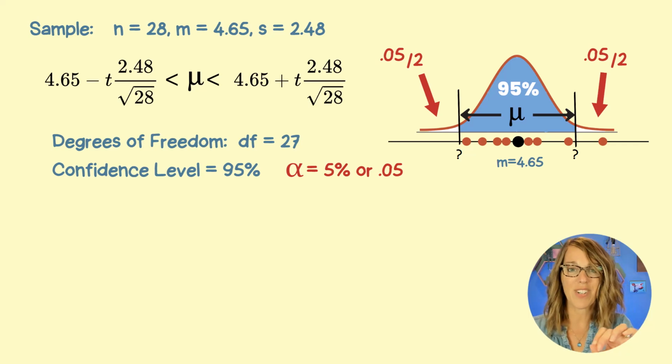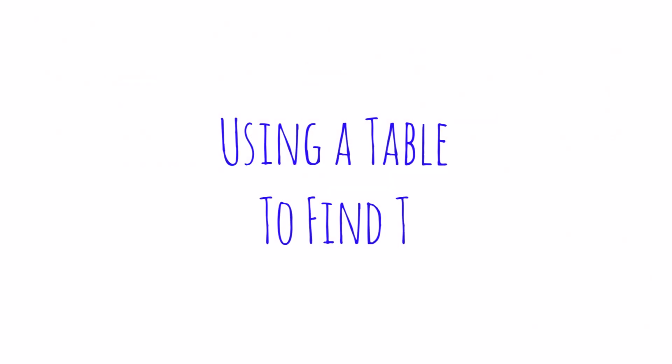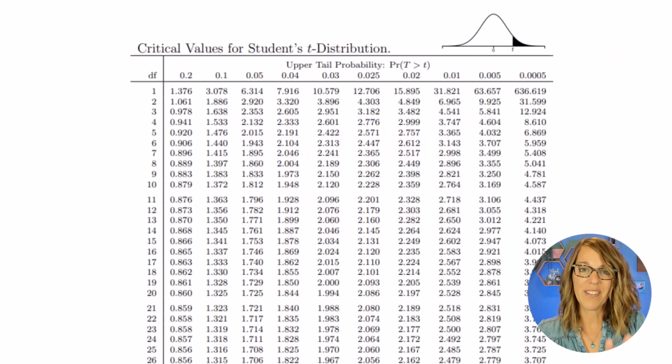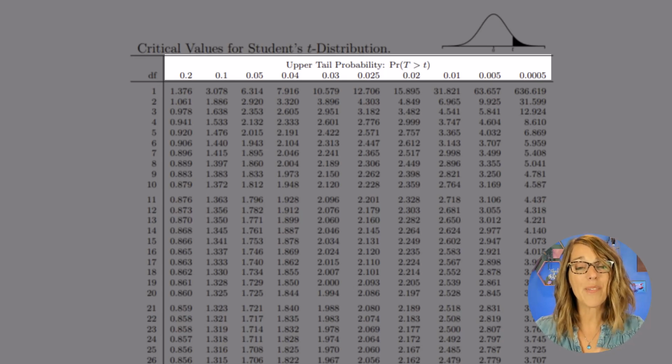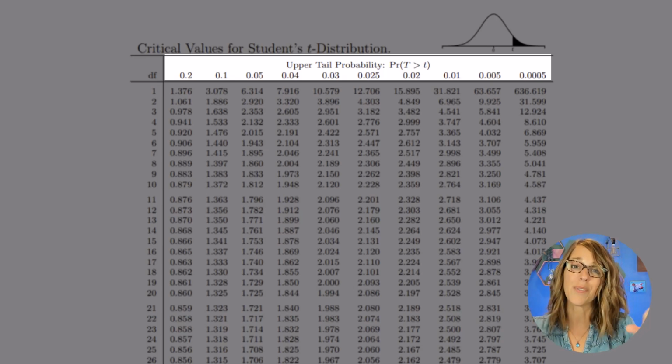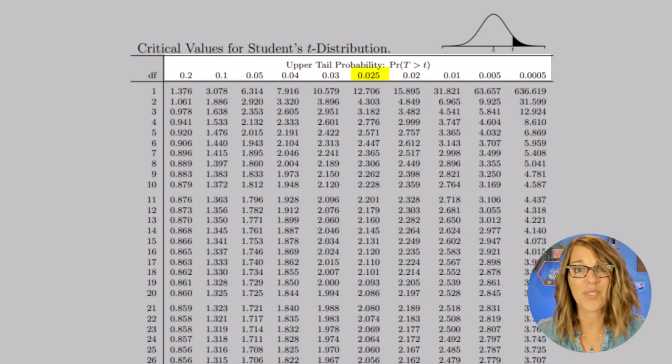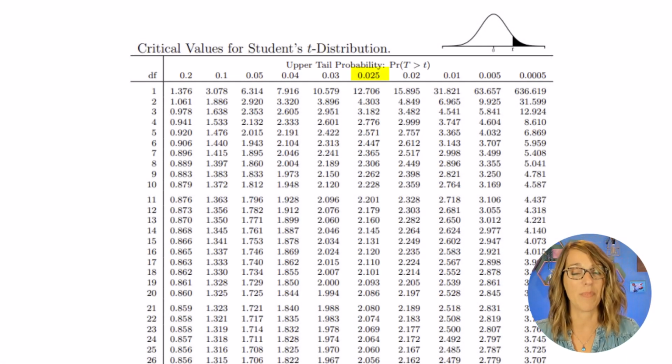Let's use this information and find t in this table. Every table is a little bit different, but in this particular table, across the top, they are asking me for the upper tail probability. Well, for that upper tail probability, remember each of those was 0.05 divided by 2. 0.05 divided by 2 is 0.025. So that's the area in the upper tail.